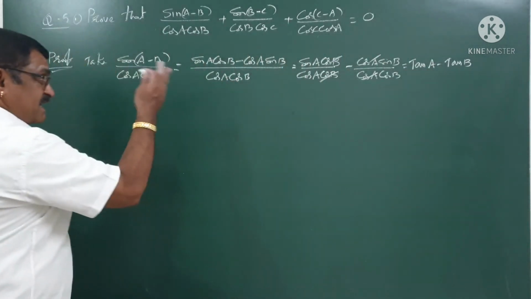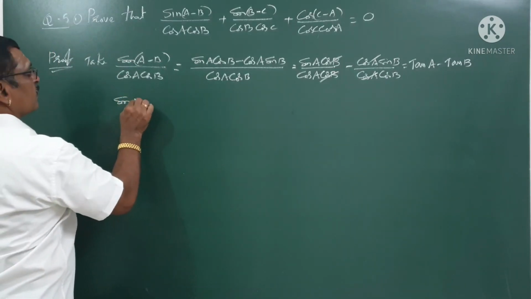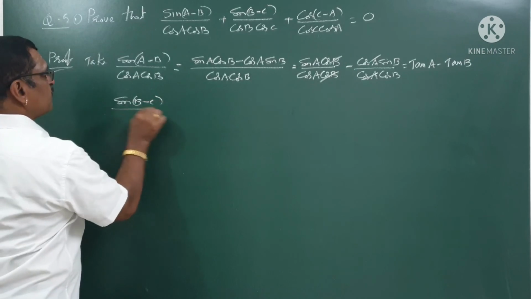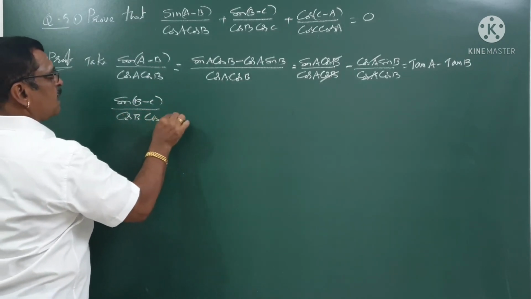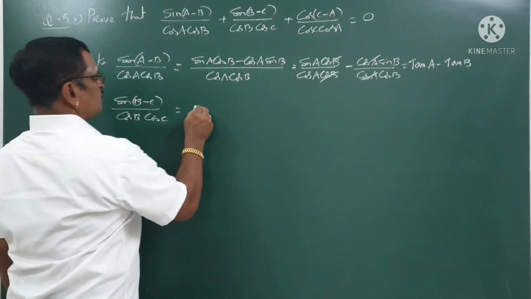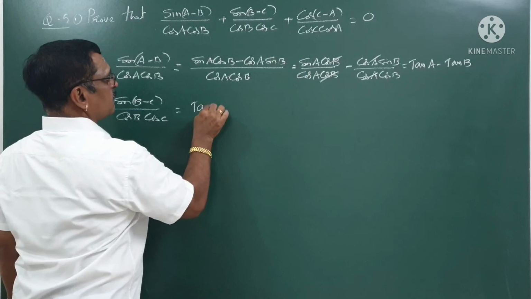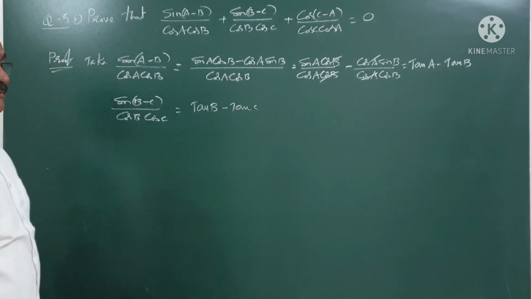So, no need to do second and third. Similarly, I can write sin of b minus c upon cos b cos c, automatically it will become tan b minus tan c. Order also same.